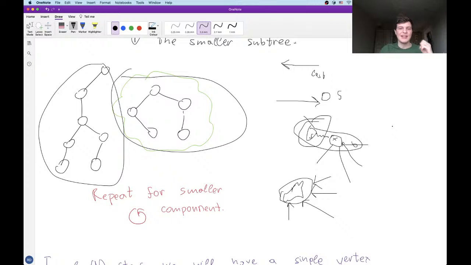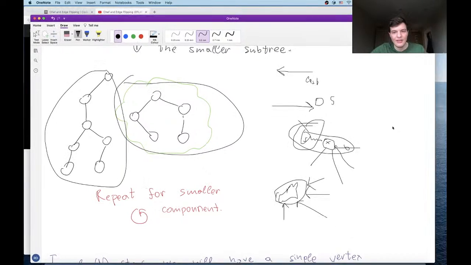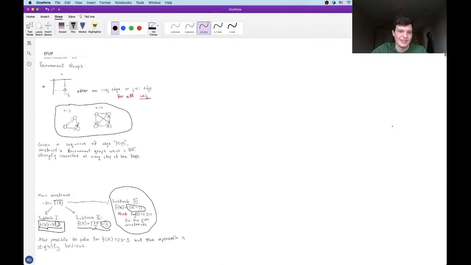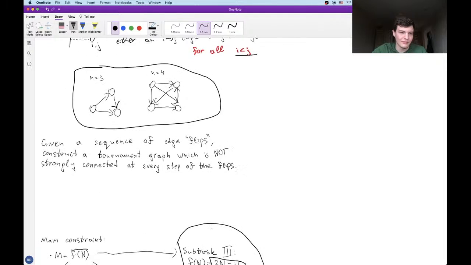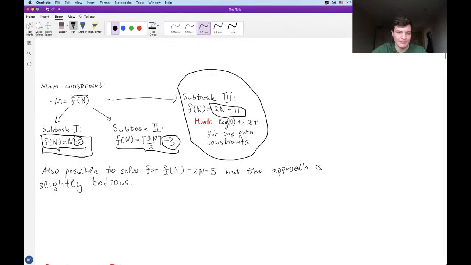Then we find a certain s, and from this s we just look at the component and run the naive algorithm. But also, as I said, there is this paper which shows f of n equal to n minus 5. It's linked in the editorial too, so you can check it out.